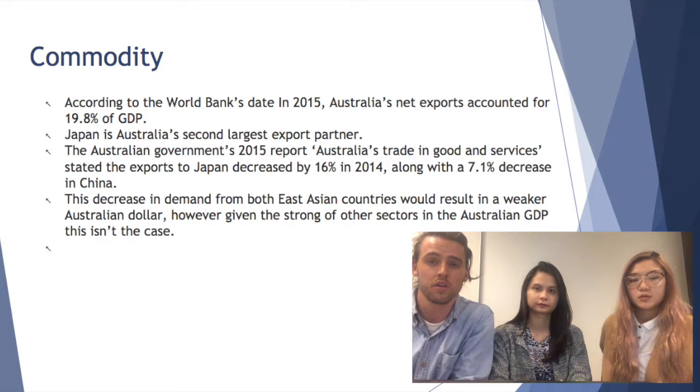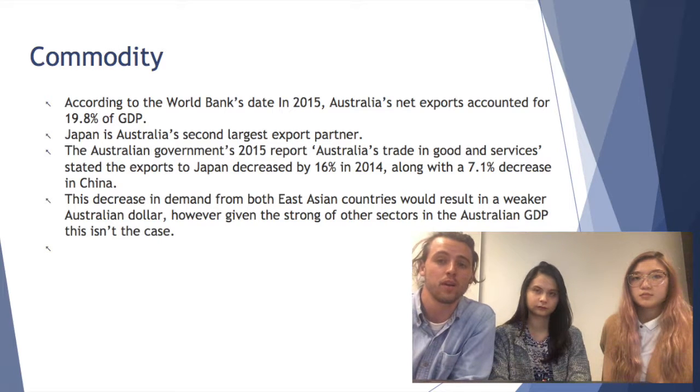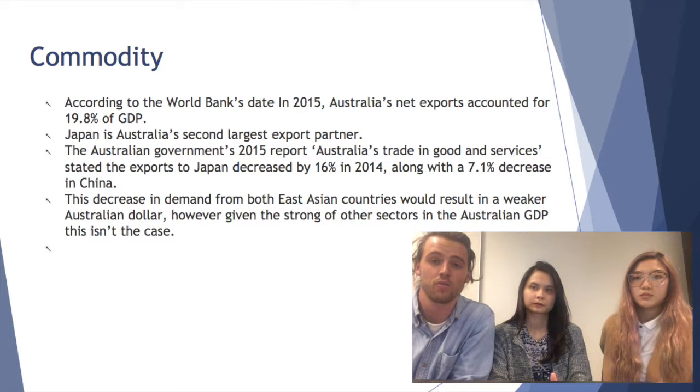Other noteworthy commodities include liquefied natural gas at 8.8% and gold at 7.1%. What this information shows us is that our commodity market reflects the success of our minerals and the relative importance they have to our economy.